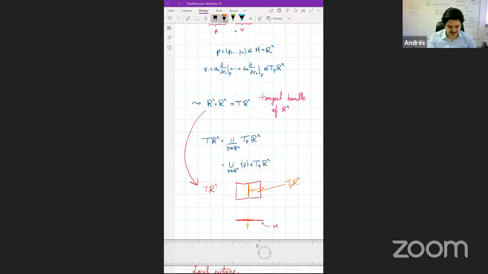Let me put it Rn. And moreover, here we have a projection map, because on top, I have (P, V) and I project to P. So above each point, I have the tangent space.